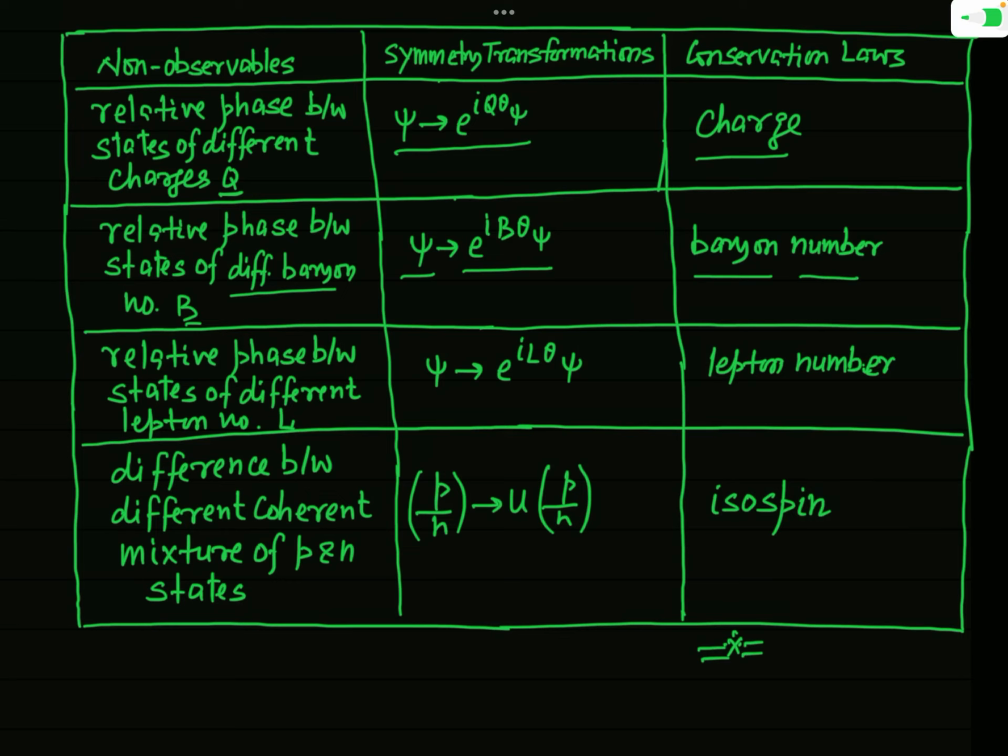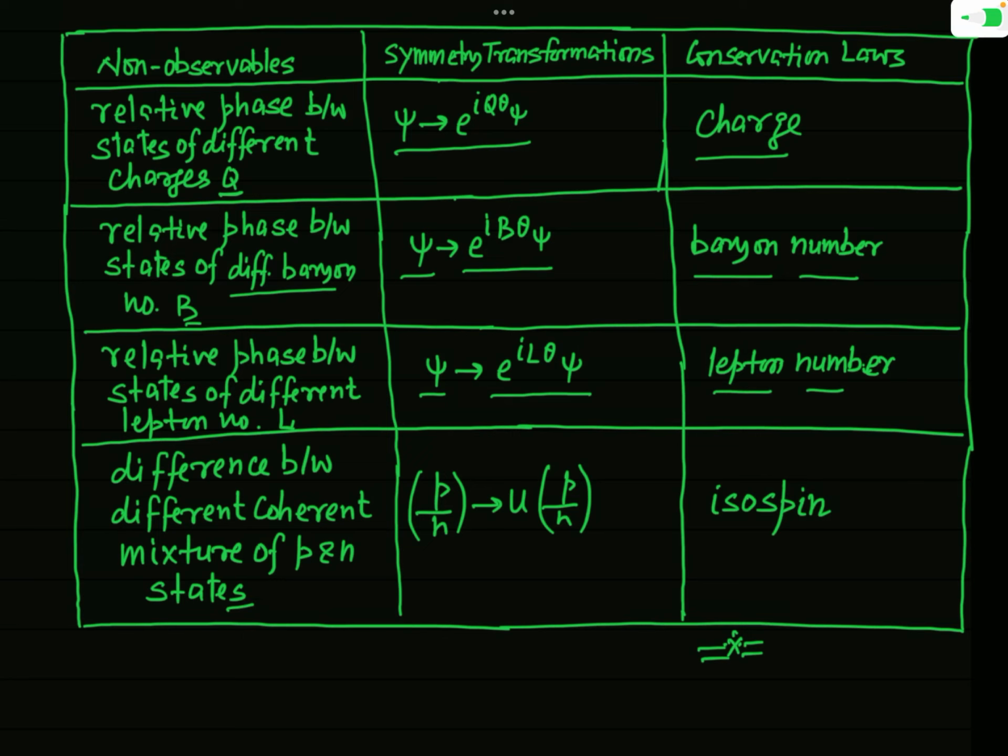The next is a relative phase difference between states of different lepton number L, and this symmetry transformation is defined by psi transformed to e to the power i L theta psi, and this gives the conservation law of lepton number.